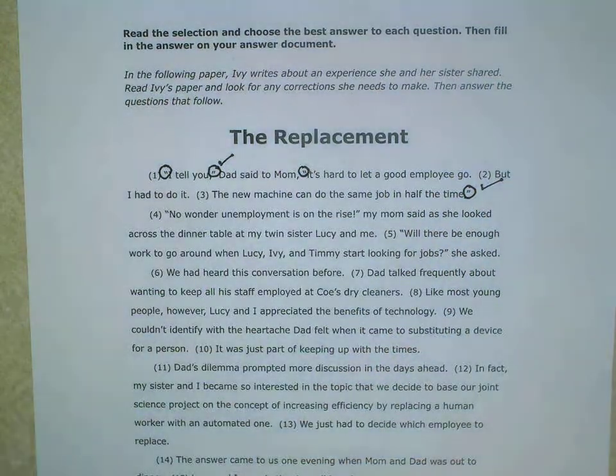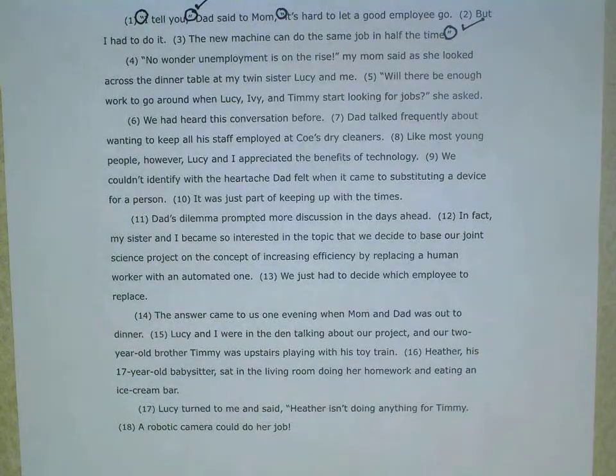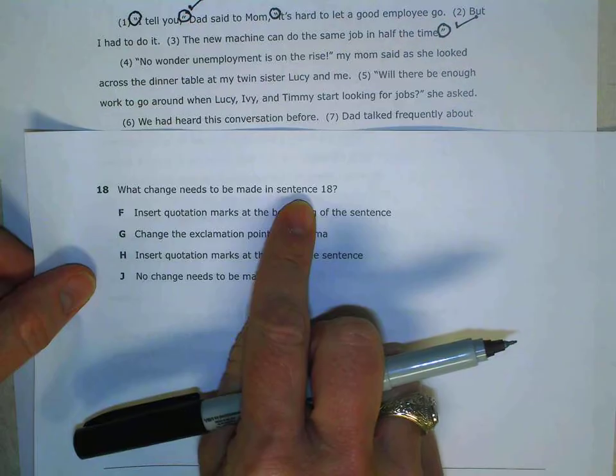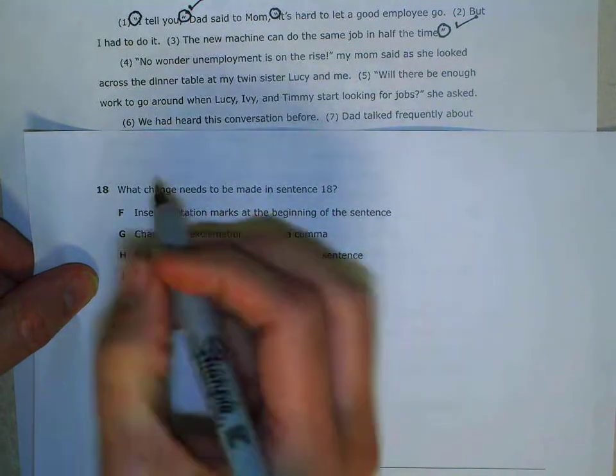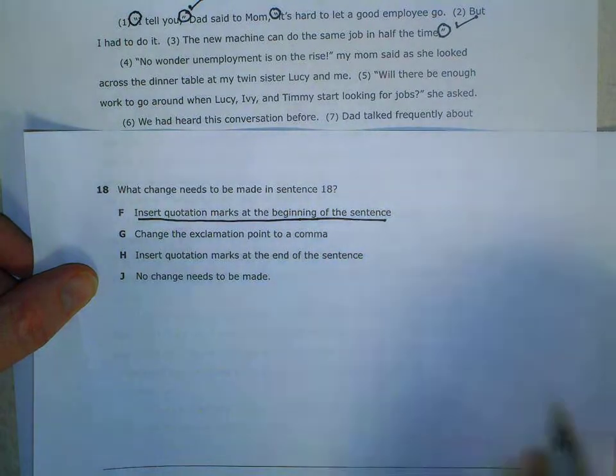And the reason why that's important is because when I get down to sentence 17, or sentence 18, one of my questions says insert quotation marks at the beginning of the sentence.